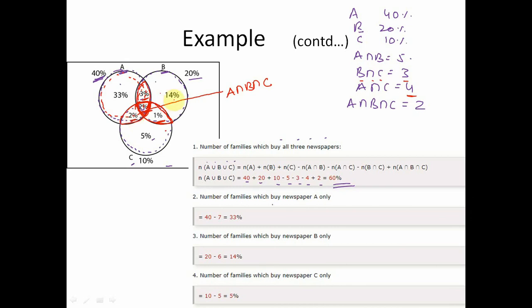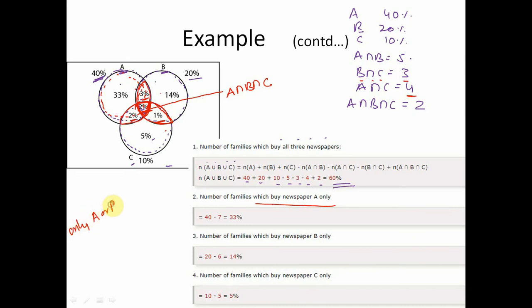Now see, if I want to find out the number of families which are buying only newspaper A, the total of 40% of people were buying newspaper A. Let me write it over here.